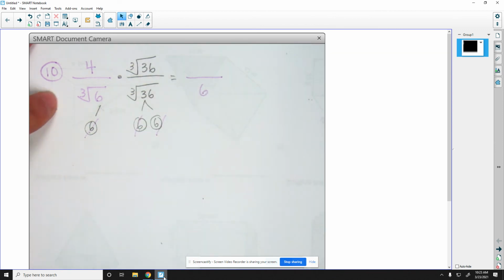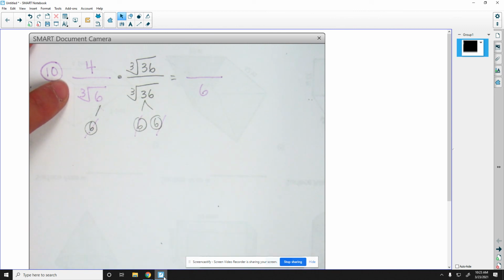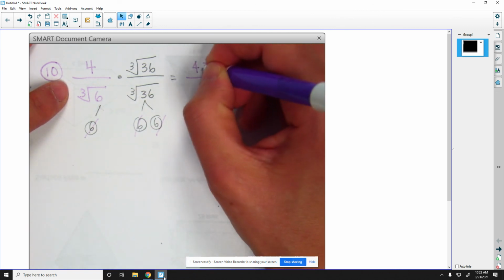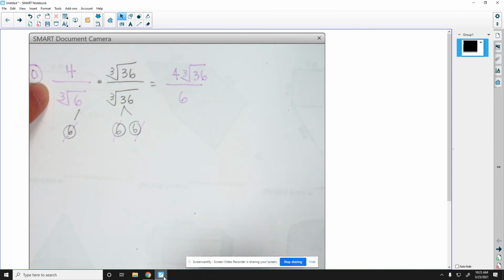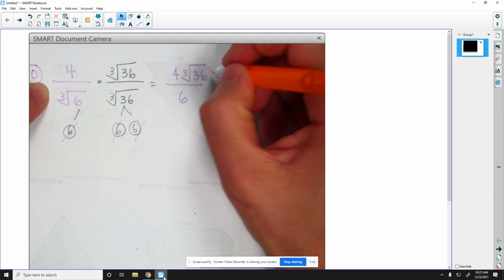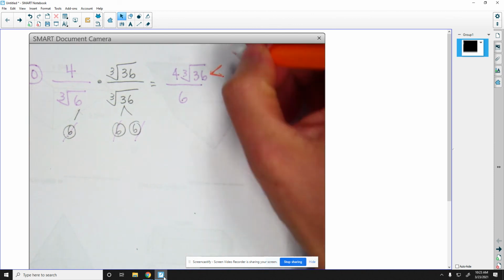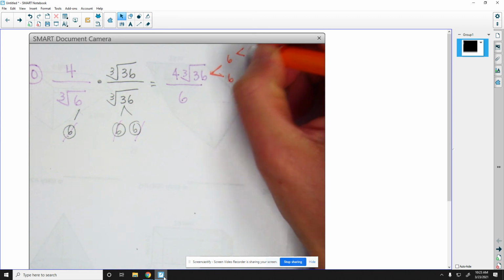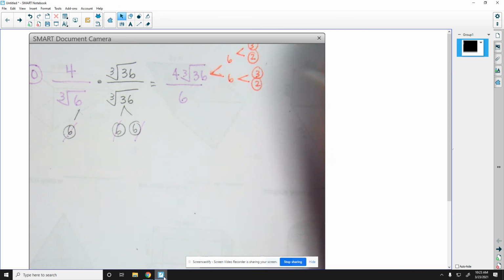I know that some of you are confused. We'll practice another one, but let's just get through the first one, okay? So that would be 4 cube root of 36. And then let's break down 36. So 36 is 6 times 6. 6 is 3 times 2. 6 is 3 times 2.